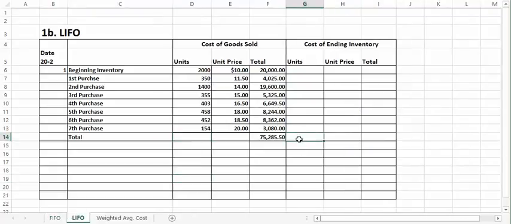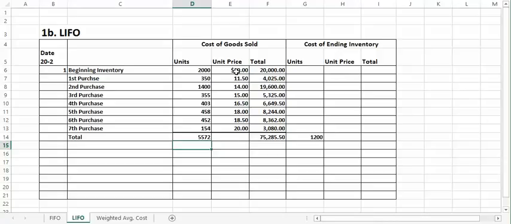We still want the same 1,200 units left in ending inventory. But since it's LIFO, the newest purchases are going to leave the warehouse first. And so we need to have 1,200 units in ending inventory.